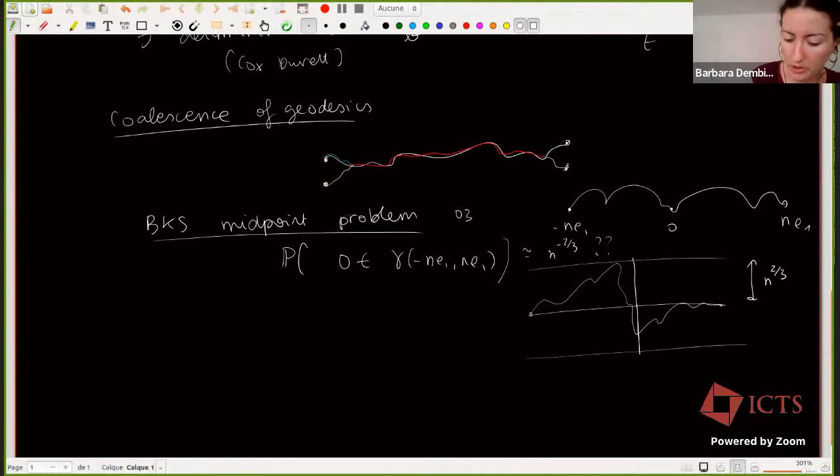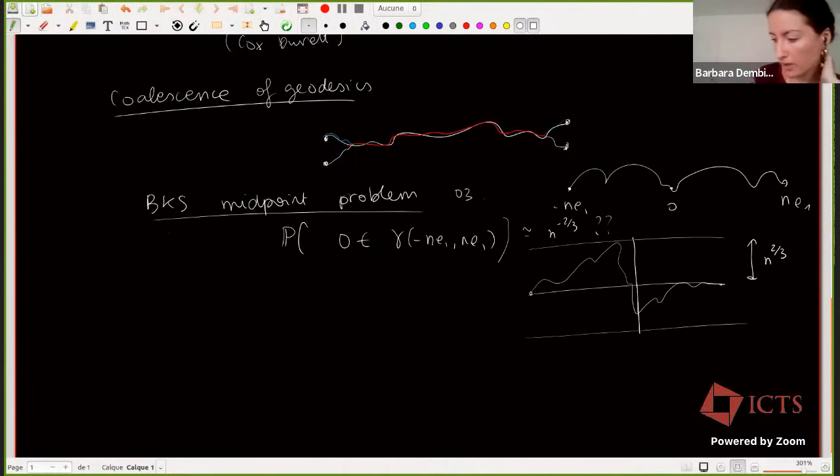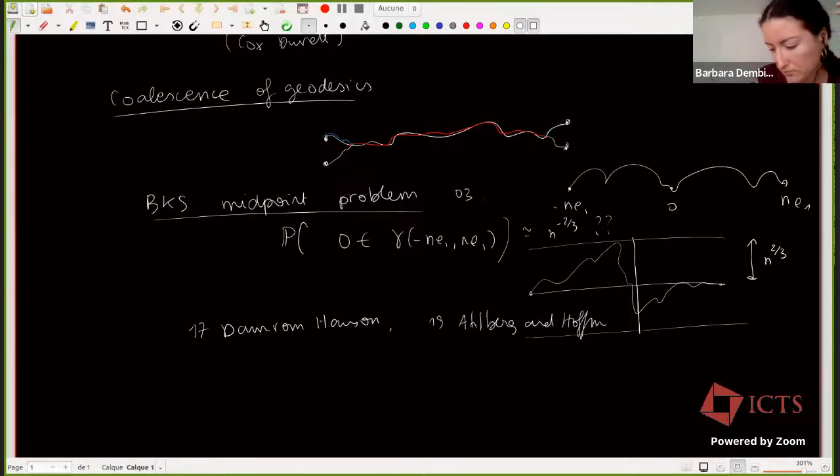And so this question was left open until 17. There were two results: Dembin and Hanson, and then in 19, Albert and Hoffman. What they proved is that this probability goes to 0, but without quantitative control on how fast it goes to 0.